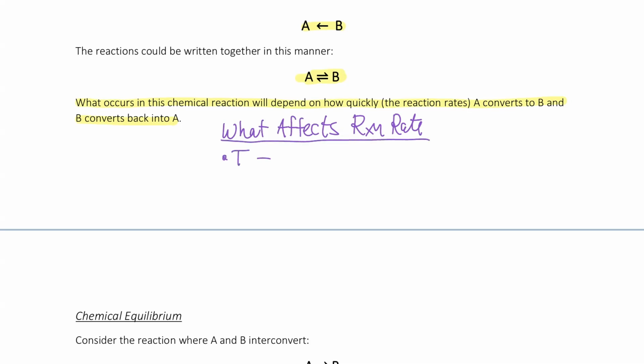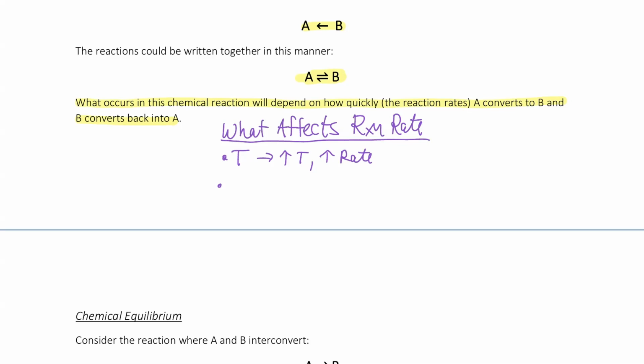Temperature. If we increase temperature, we're going to increase rate. Let's talk about why. Higher temperature means more kinetic energy, which means we're going to have more collisions, and that makes the rate go faster. Okay, great. What else besides temperature?